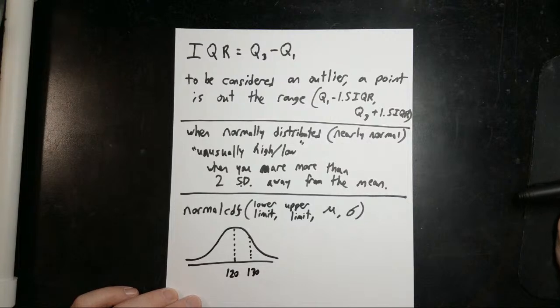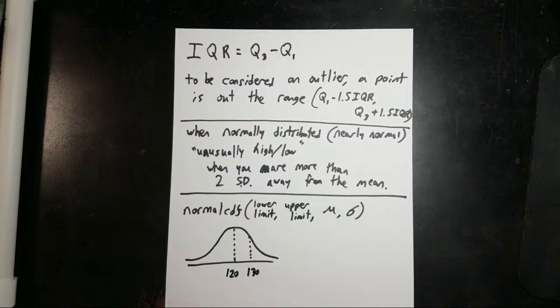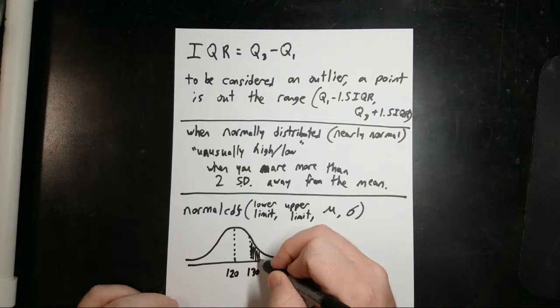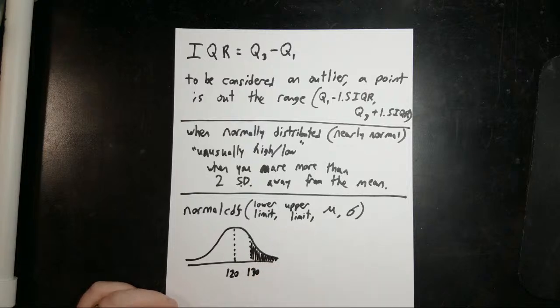If this were the case, then let's say I wanted to find out what the probability is of getting a data point that is 130 or higher, something along those lines.